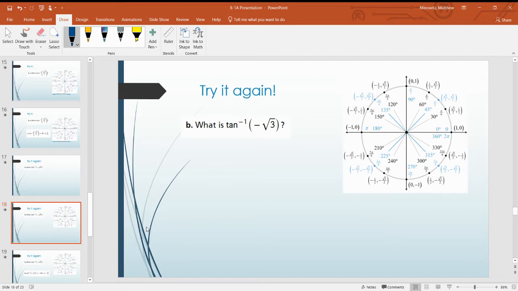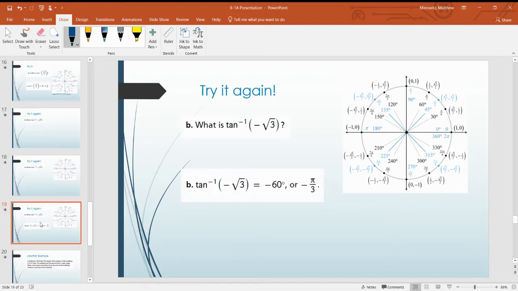Test it out on our calculator, see if we get a value. And we get that it's negative 60 degrees or negative pi over 3. So our answer here is going to give us the fourth quadrant angle, which is right here. And it's going to tell us it's negative 60 degrees, which is also the same as 300 degrees.